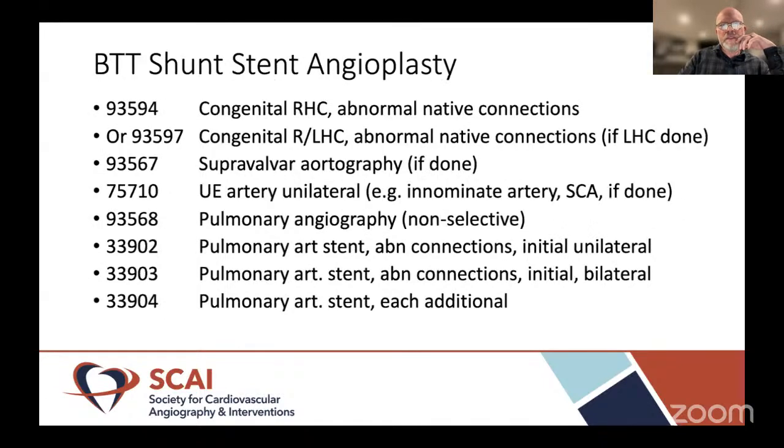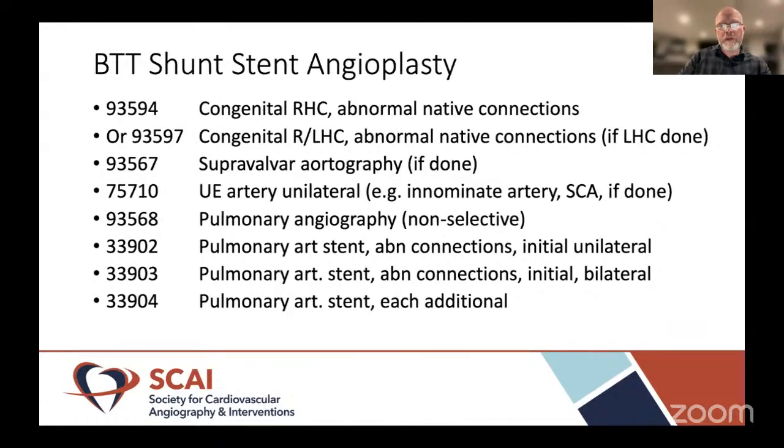The BT shunt angioplasty is going to be very similar. Again, think in your mind that you're accessing right heart structures via the BT shunt to get into the pulmonary arteries. That's how you can utilize and justify a right heart cath. And if you're doing a left heart cath assessment, you could also code that instead of a simple right heart cath.